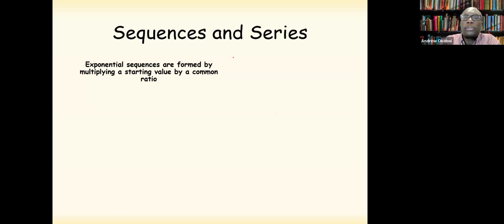Our starting value is usually called A, and the common ratio, the number that we keep multiplying each number by, is given the symbol R.